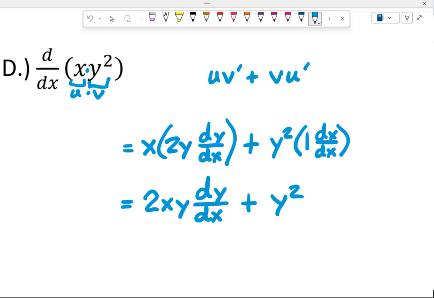Okay? So again, whenever we take the derivative of y, we have to have a dy over dx. Okay? And as we can see here, all the rules that we have learned can still be used. Here we needed the product rule.